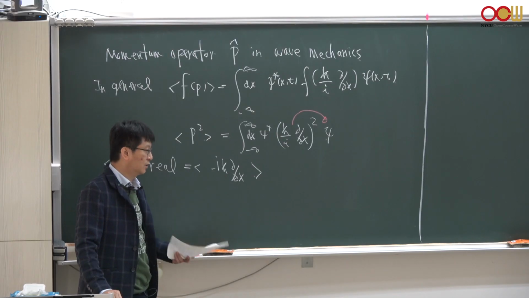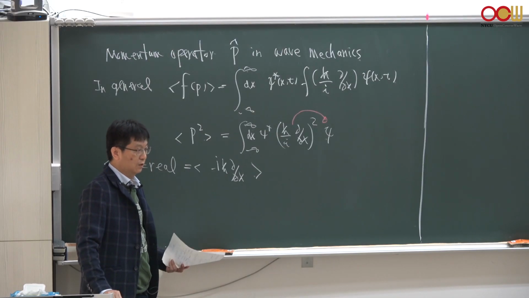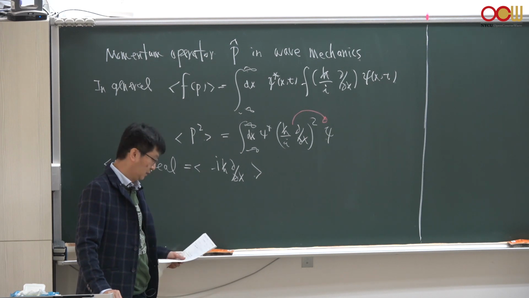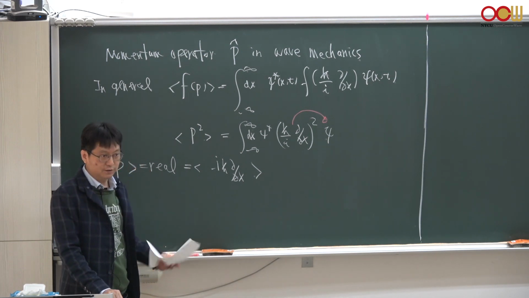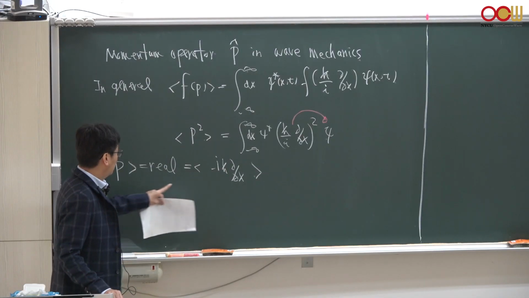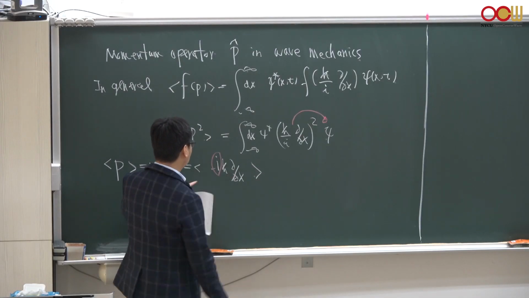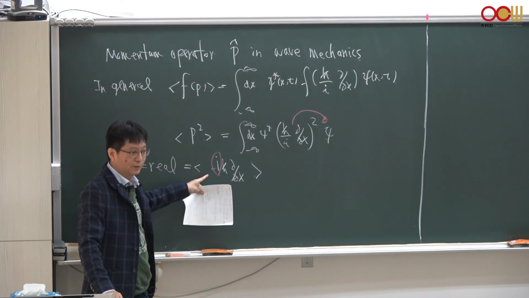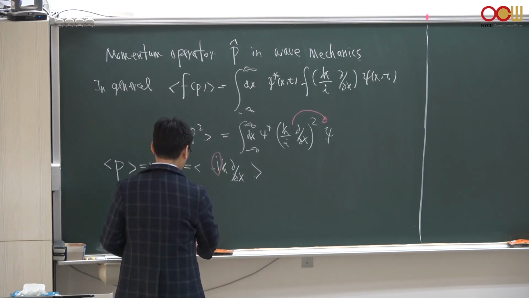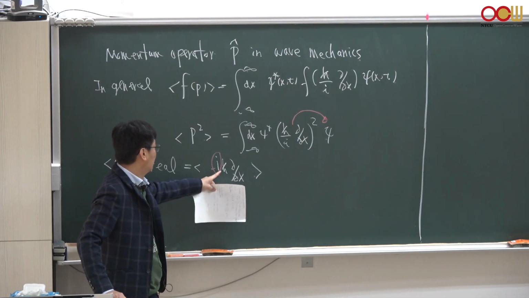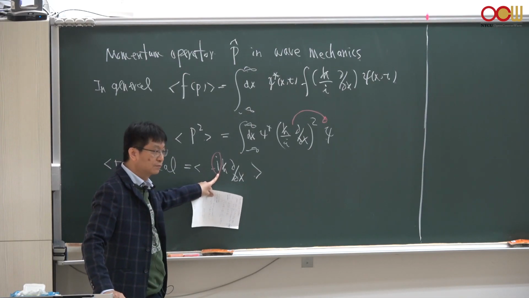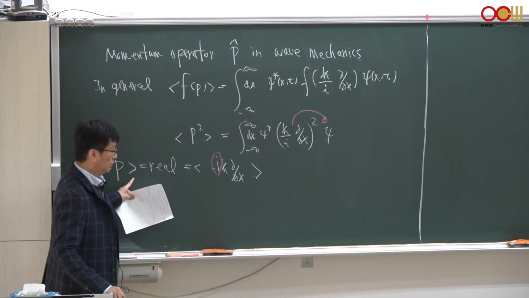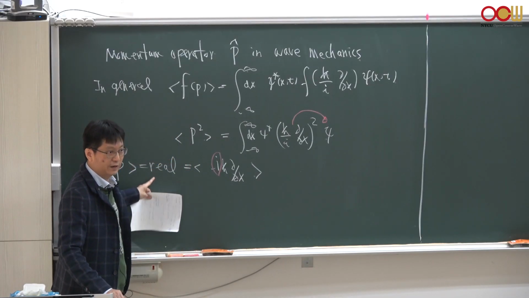If you want to measure the momentum of a quantum particle, the expectation value of the momentum certainly should be real valued. A complex valued momentum makes no physical sense. But we should worry that this imaginary number i may mess things up. But don't worry, we need to prove that even though there is an imaginary number i here, when we take the expectation value of the momentum operator, it certainly should give us a real value.